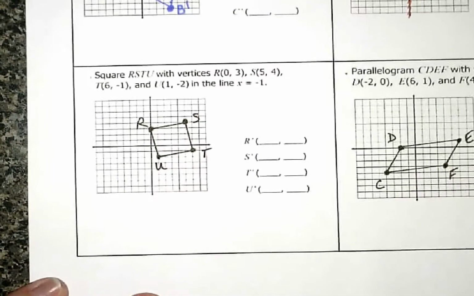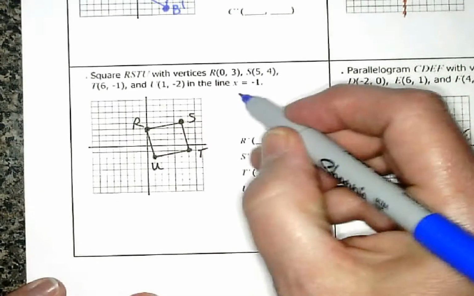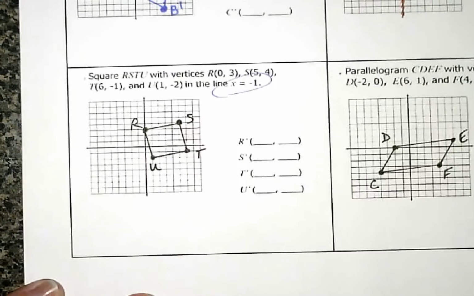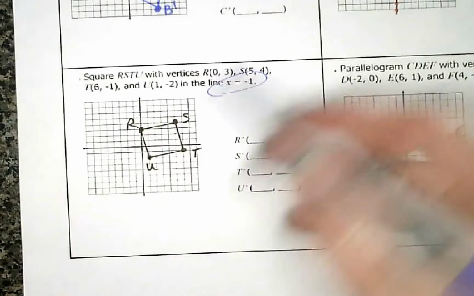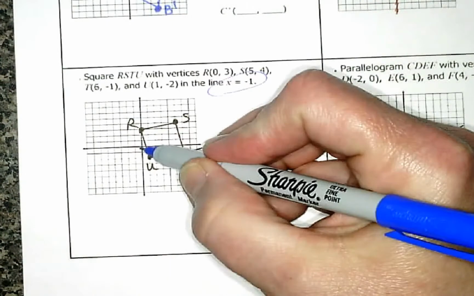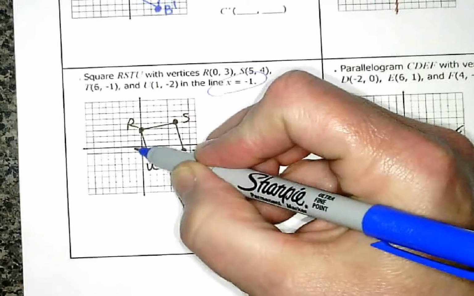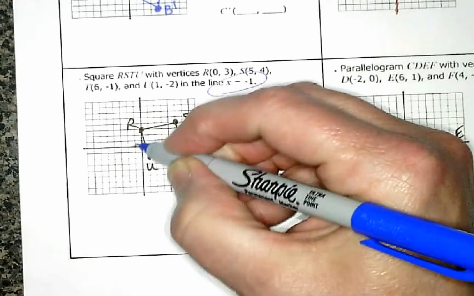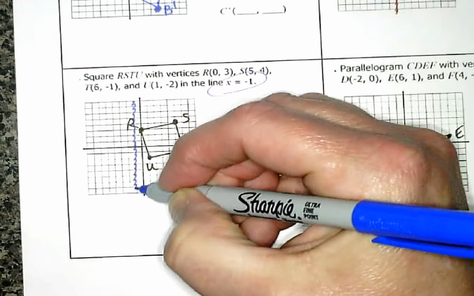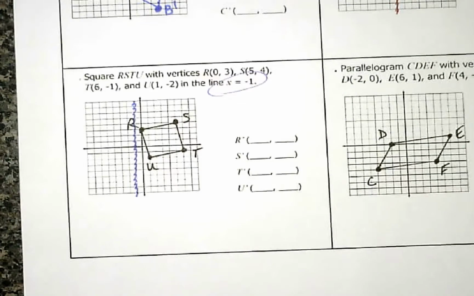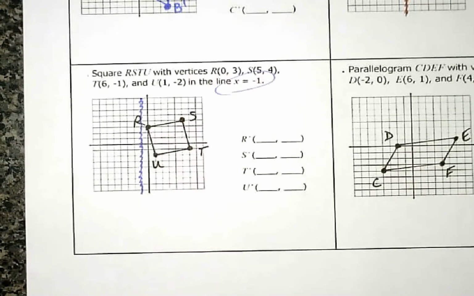On these bottom two, we're going to reflect over x equals -1. Again, this will be the hardest part for most of you: making sure you get the right line. So x equals -1. I start in the middle, here's my x, here's my -1, so it's going to go through that point at -1. There's my line of reflection. Once you have located that, it's the same exact rules as the first two.